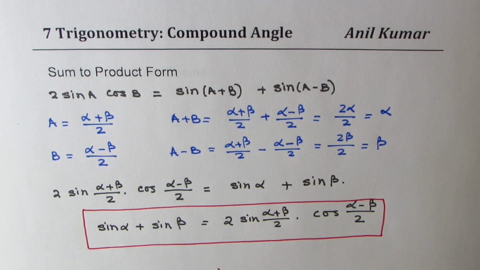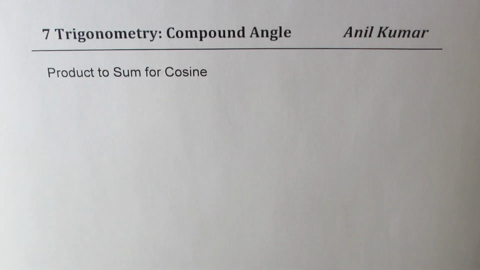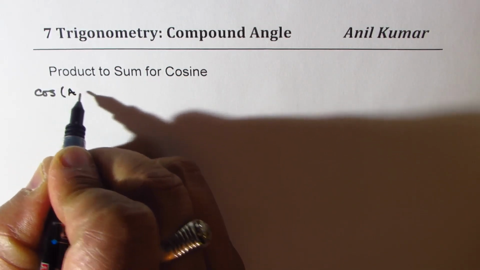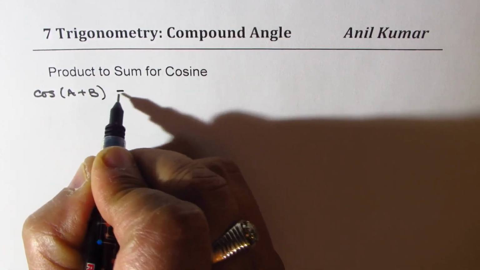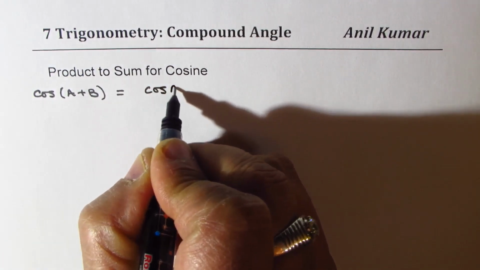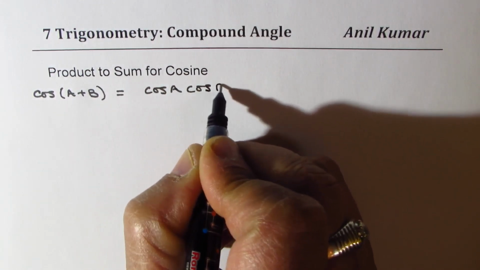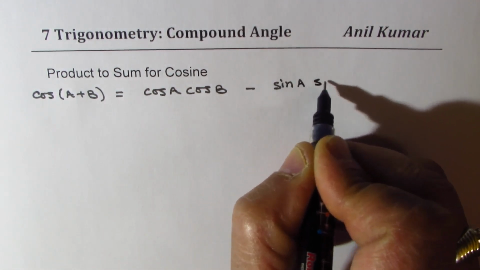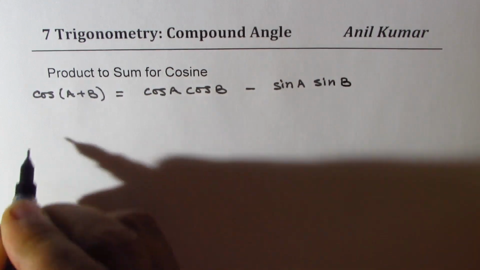Perfect. Now we'll work with the cosine part, right? Cos a plus b and cos a minus b. So we know that cos of a plus b is equal to cos a cos b minus sine a sine b. Perfect.